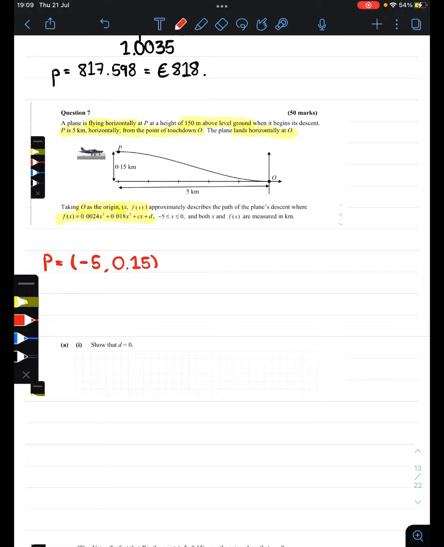Our function then is f of x equals 0.0024x cubed plus 0.018x squared plus cx plus d. So presumably the questions will be asking us to find c and d.